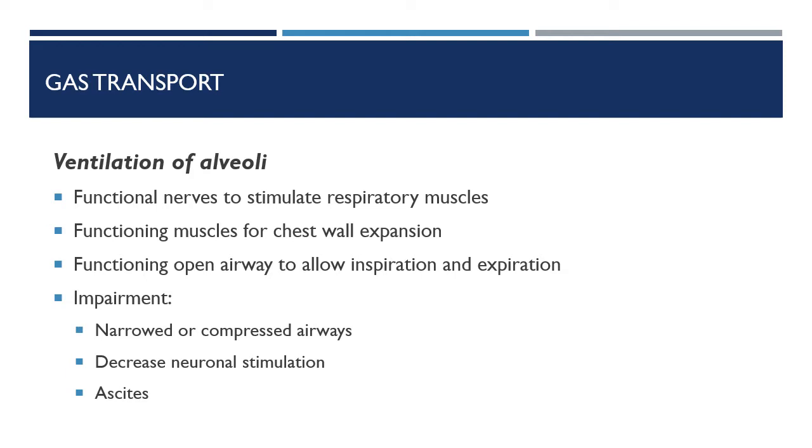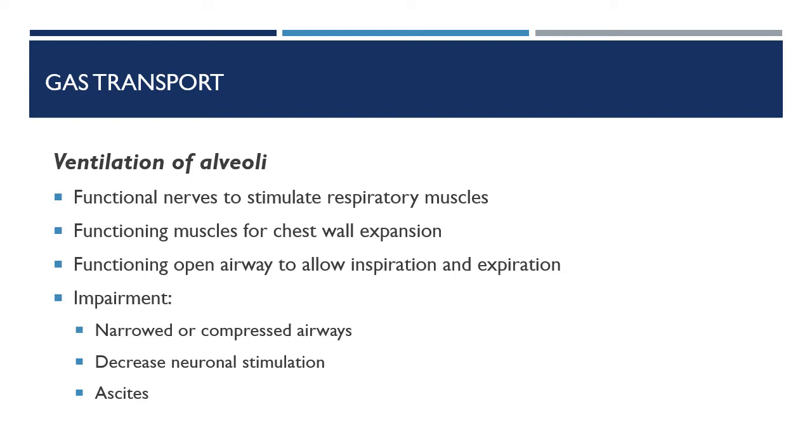So something is going to have to be done in the next few minutes if this patient is to survive. Okay, so either the Heimlich maneuver or something has to clear this chunk of chicken that has become stuck in the trachea. So that's an example of impaired ventilation.